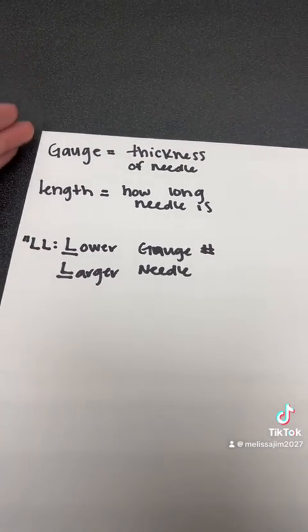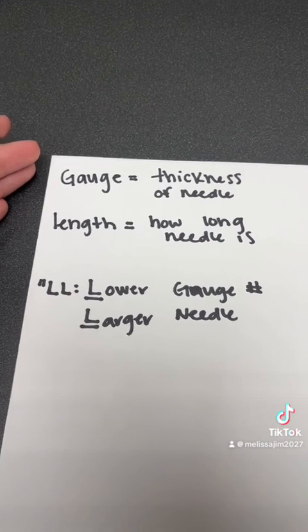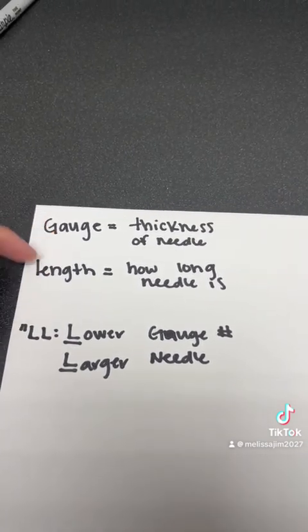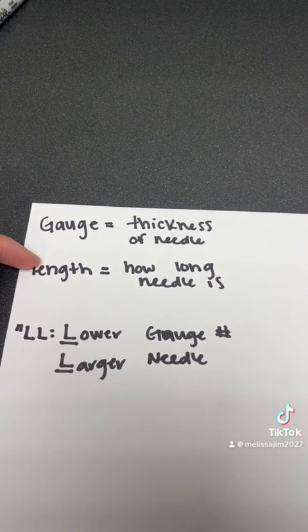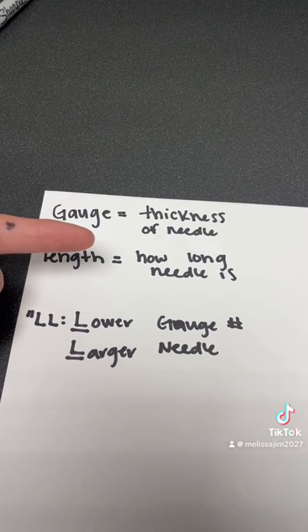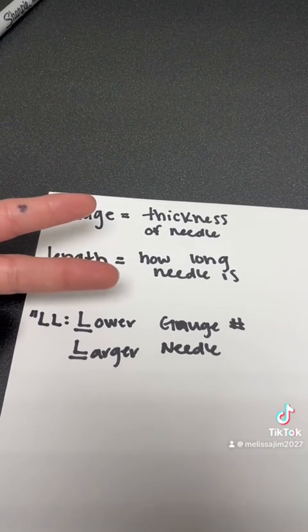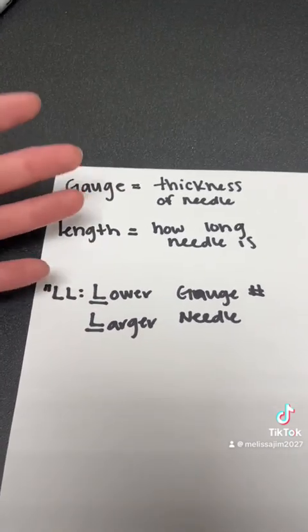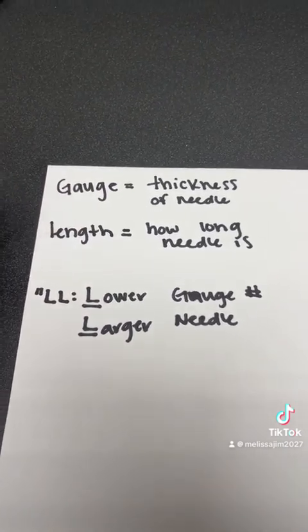And these are important because when we are selecting our needle, we need to keep these two in mind based off the purpose or the route we're going to go through, the size of our patient, and what type of solution we have. So like the thickness of our solution.